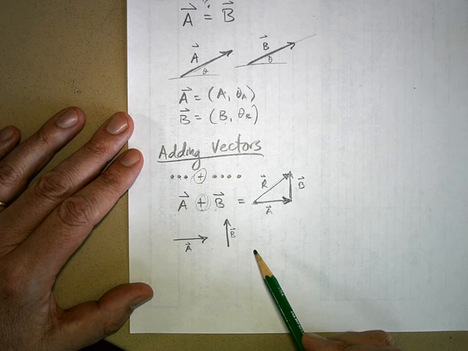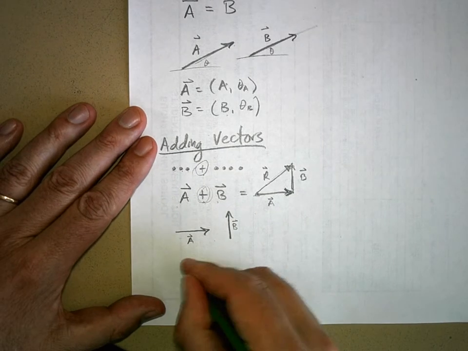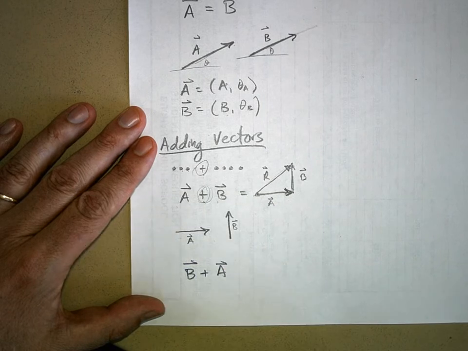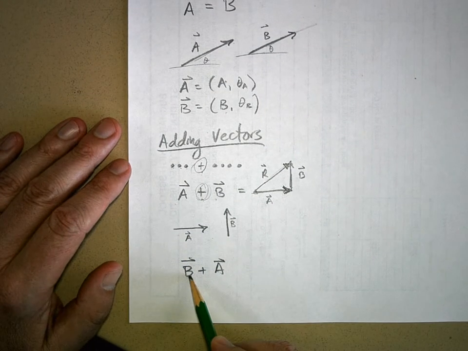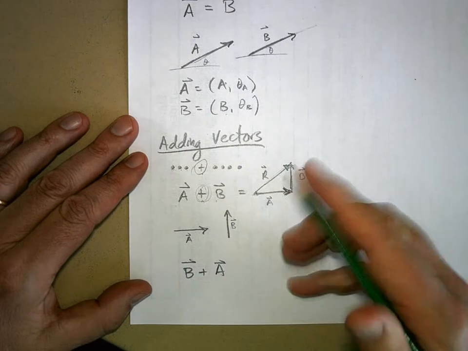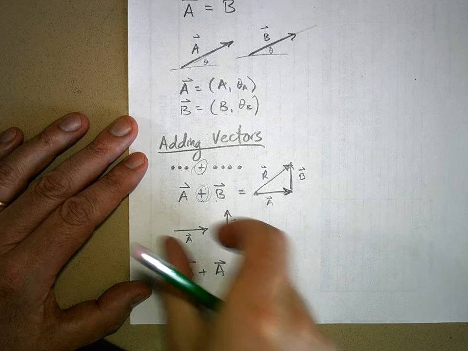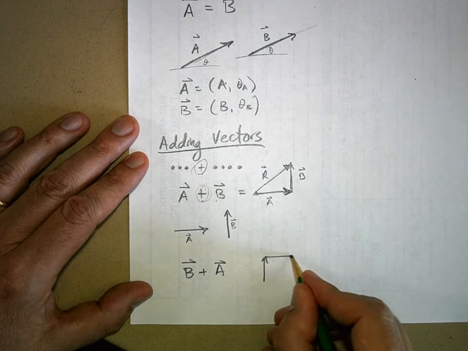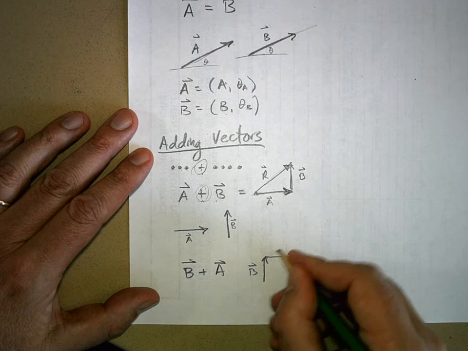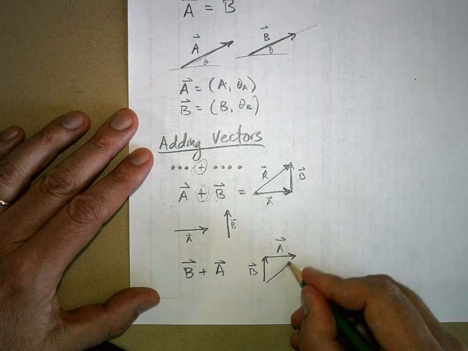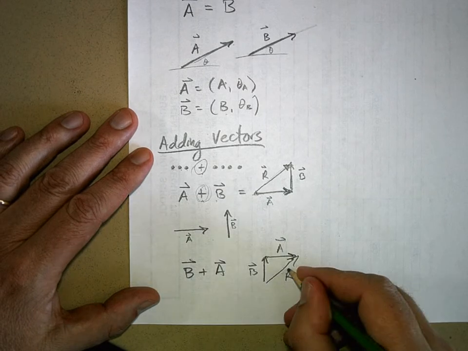Well, now, what about B plus A? Well, you start with B. Add A to it. And so here's B plus A. And there's my resultant vector. Boy, doesn't that look the same?